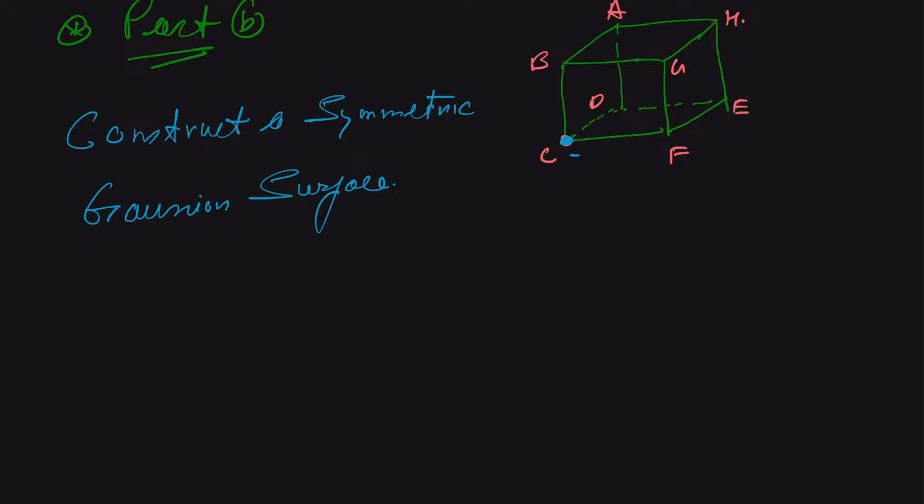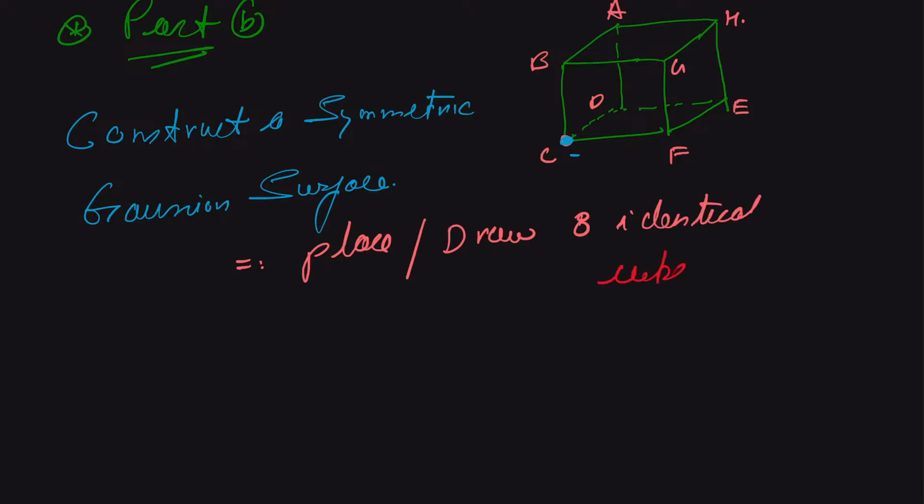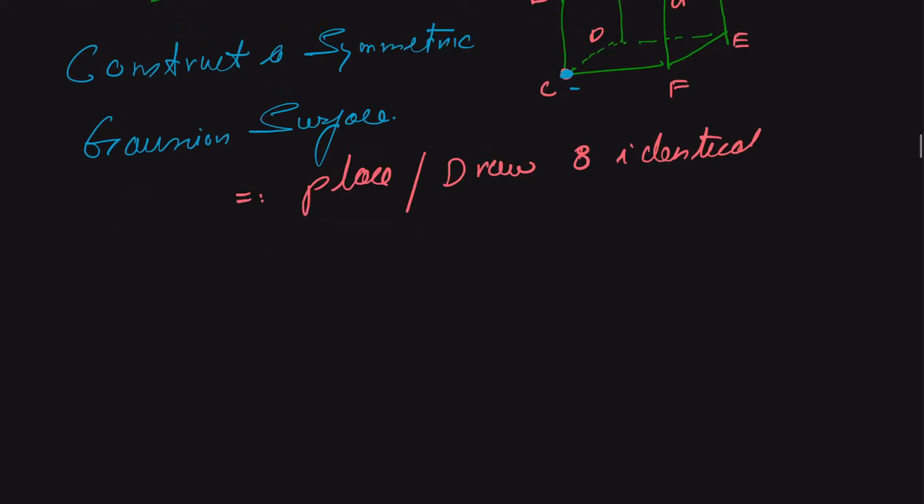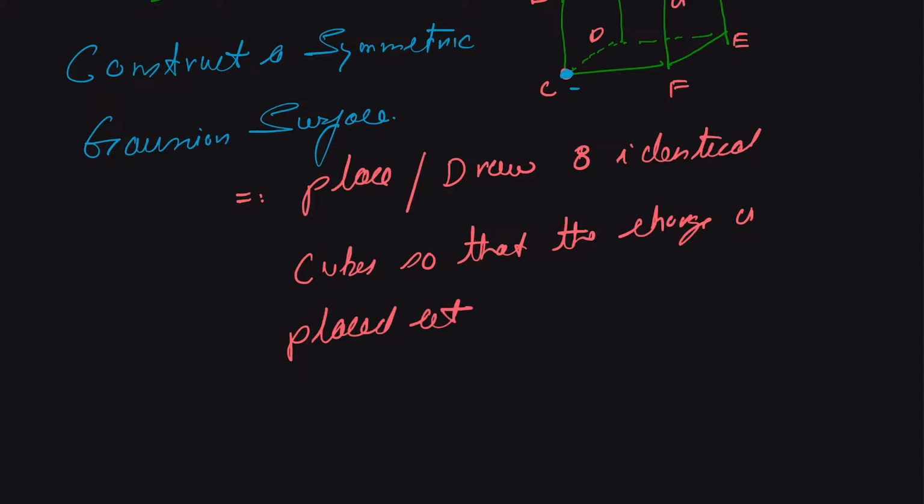So we are going to draw 8 identical cubes so that the charge is placed at the center of the largest cube, so that the charge sits at the center of the larger cube.